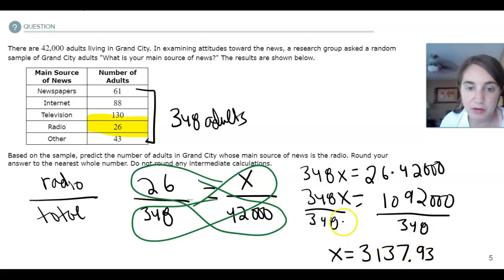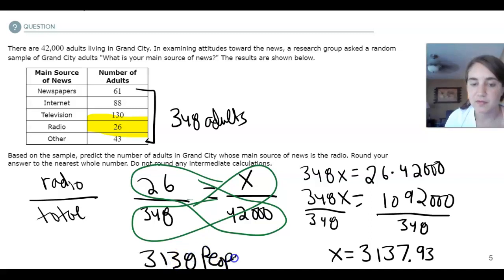But we cannot round. Do not round any increment in any calculations. Round your answer to the nearest whole number. So this is going to be 3,138 people who listen to the radio for their news.